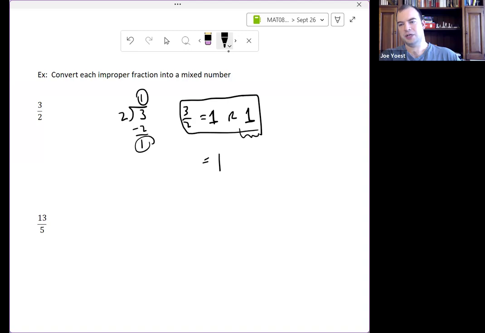Or in other words, it's 1 with a remainder of 1/2. But we don't want to write it this way. When we say remainder of 1, I mean how many parts of the whole are left over. So I just write it as 1/2. So 1 plus 1 divided by 2, or just 1.5.